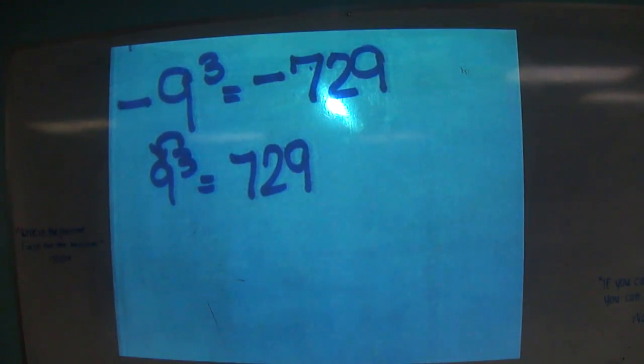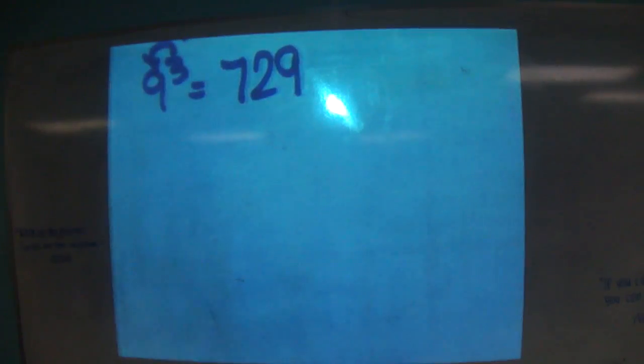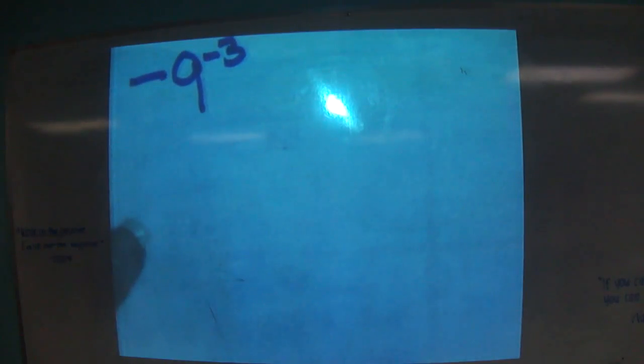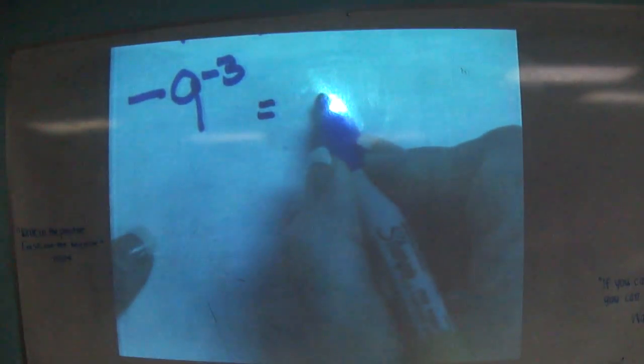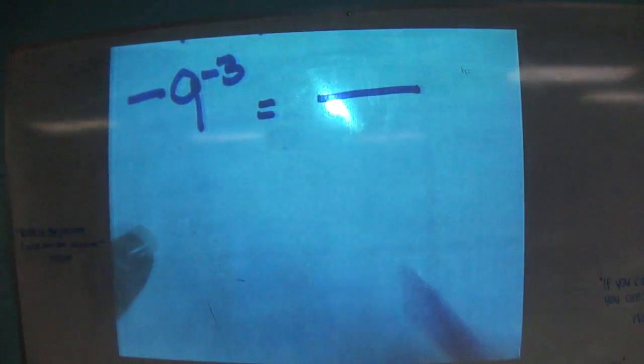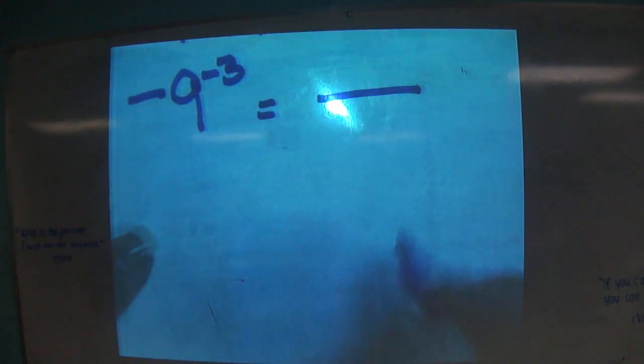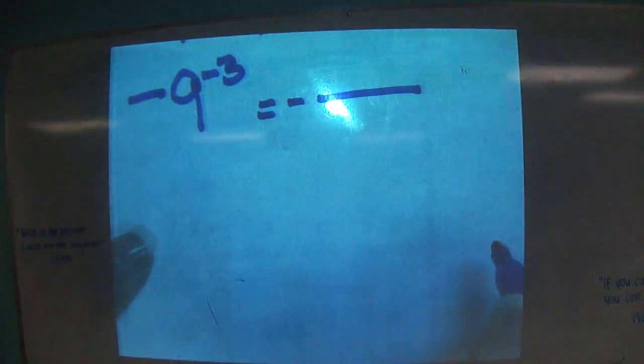So now we're going to have negative 9 to the negative third. Is it happy? No. So what's going to happen? Is it positive or negative? Negative, 729.